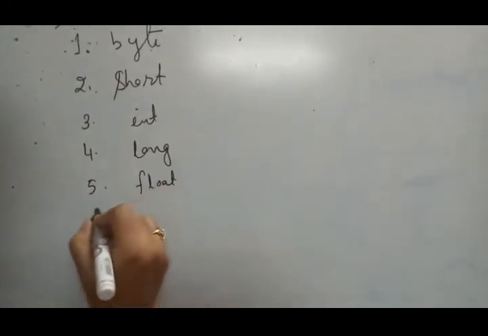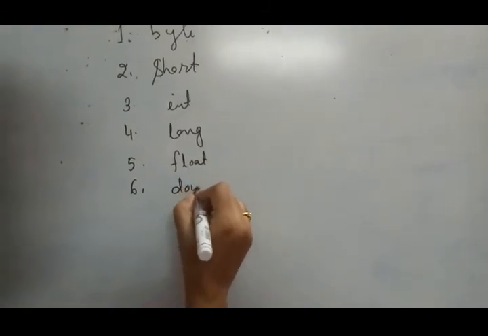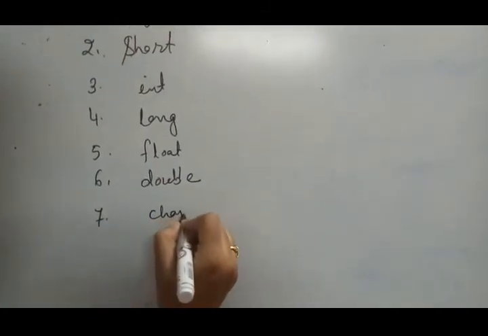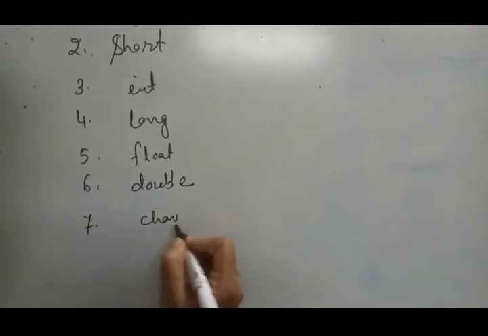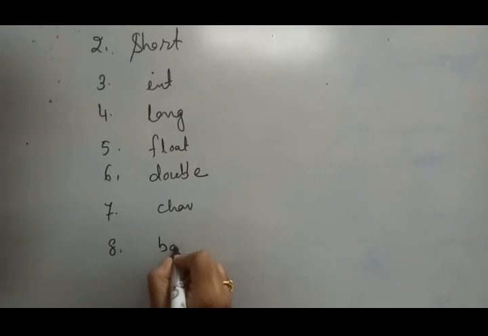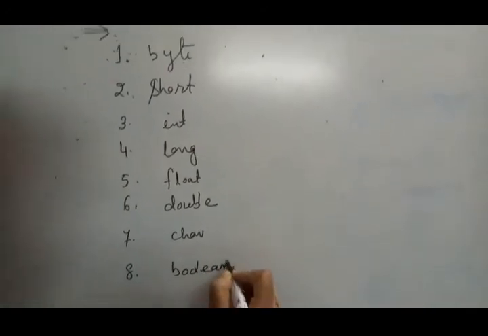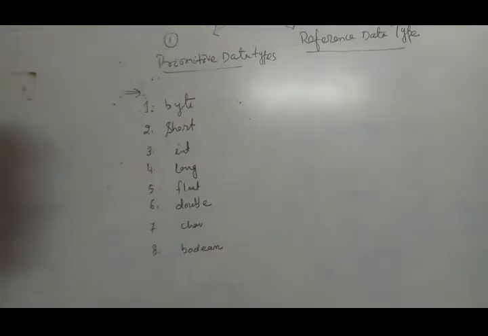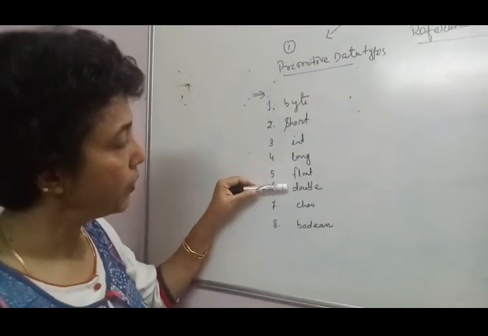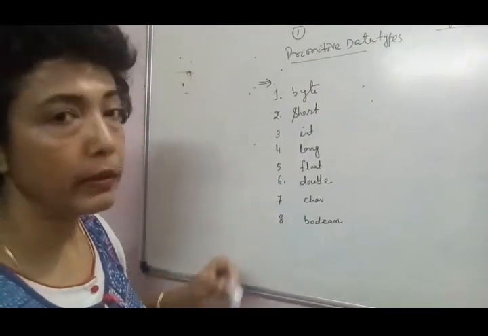Float, double, char, that stands for character data type. And the 8th is boolean. So 8 primitive data types are there: byte, short, int, long, float, double, char and boolean.